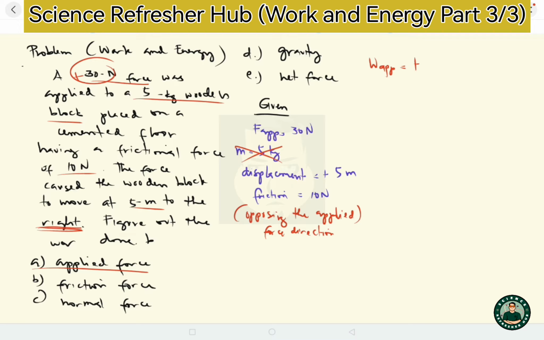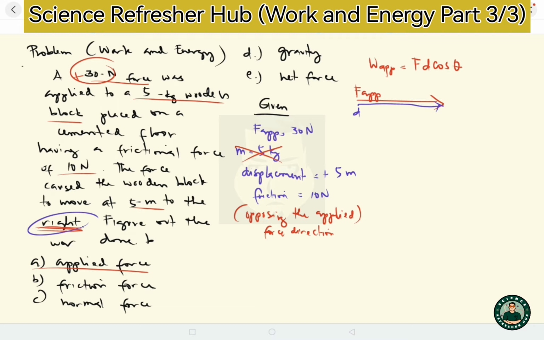Our formula will be force times displacement, and this time we will have the cosine theta here. I will show you how to use this variable. If you have your scientific calculator, you can get the value of your cosine theta. Let's review. The direction of the force applied is going to the right, and the direction of our displacement in the problem is going to the right.